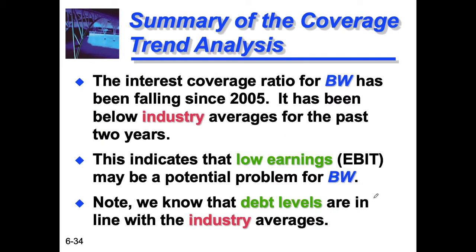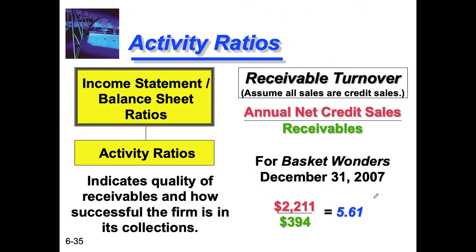Now we move to activity ratios. Activity ratios indicate the quality of receivables and how successful the firm is in its collection. Receivable turnover, the formula is annual net credit sales per receivables.